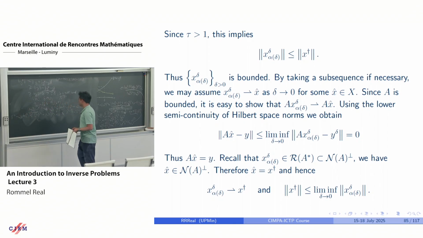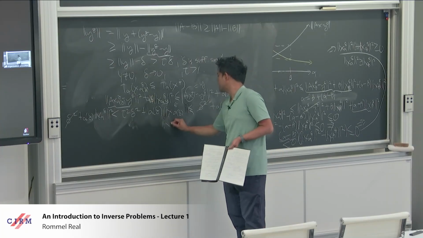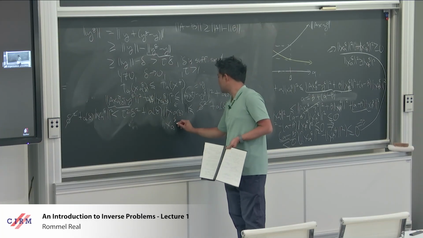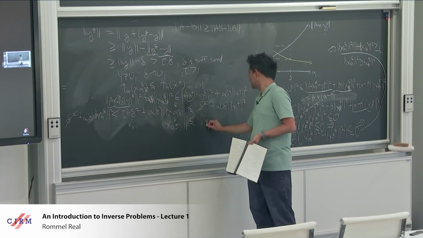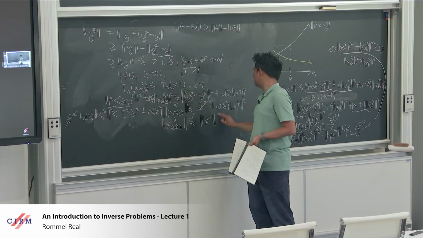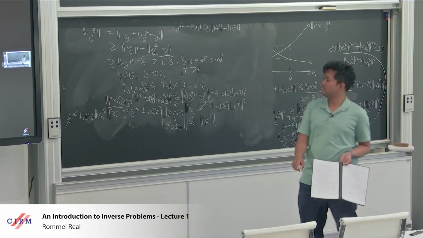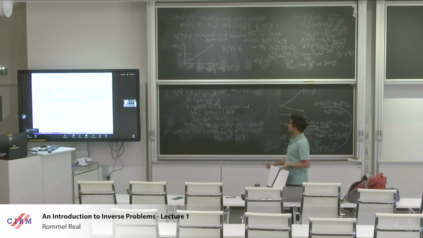And then we can simplify this one. And we have the following result, which tells us that the norm of x sub alpha of delta is bounded above by the norm of x dagger.